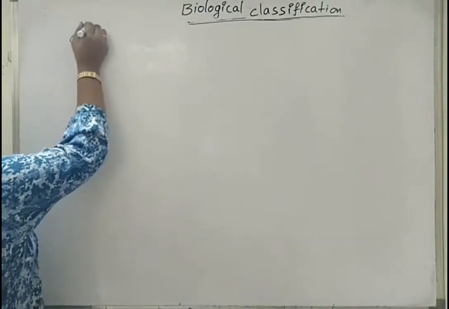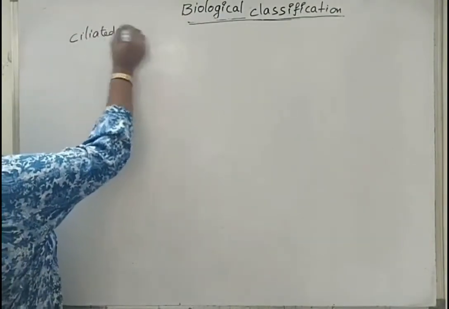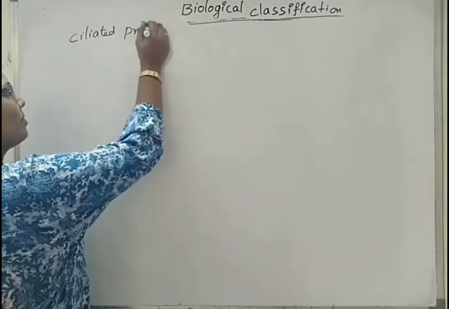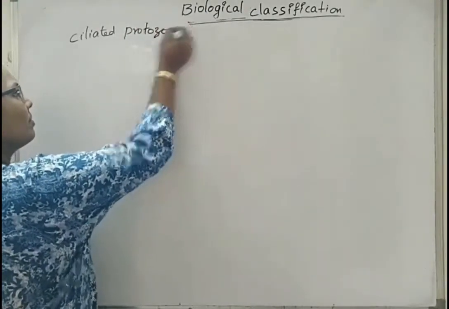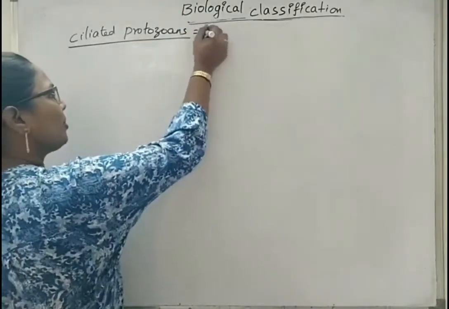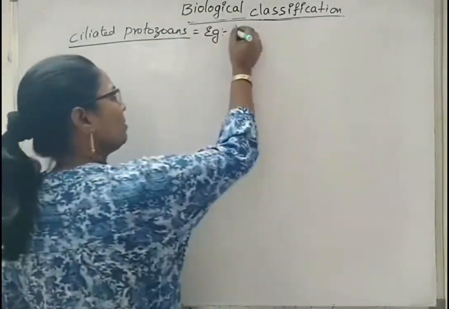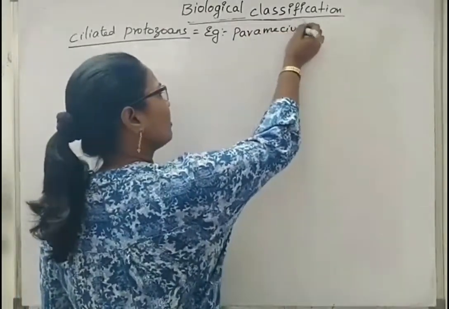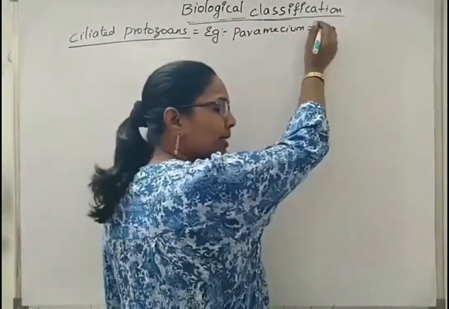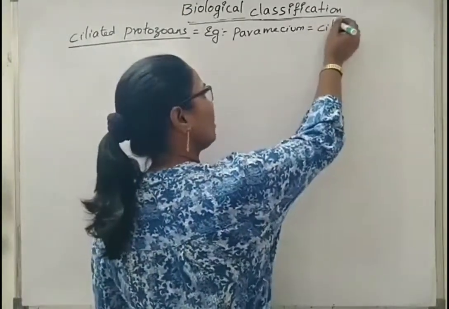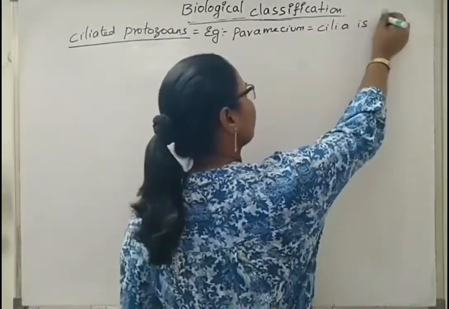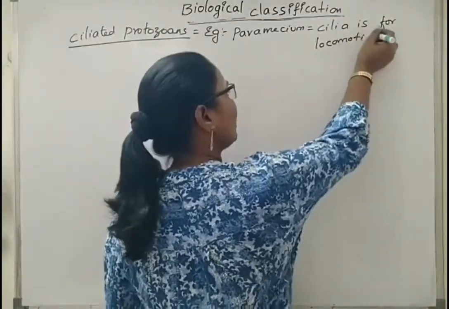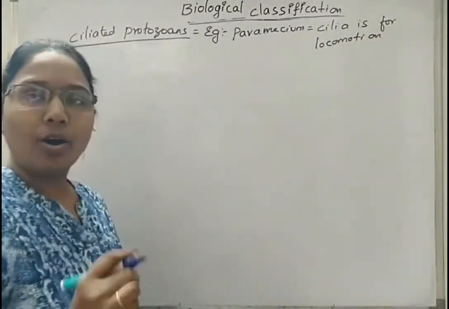Third one, ciliated protozoans. Under ciliated protozoans, we know one example, that is Paramecium. Paramecium has cilia for locomotion. Cilia in Paramecium are present all over the body.